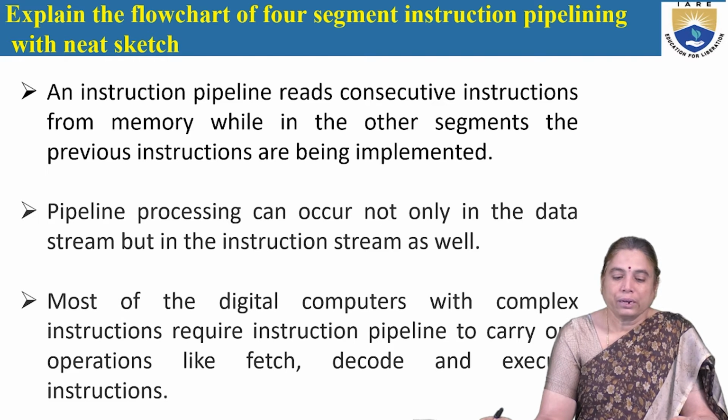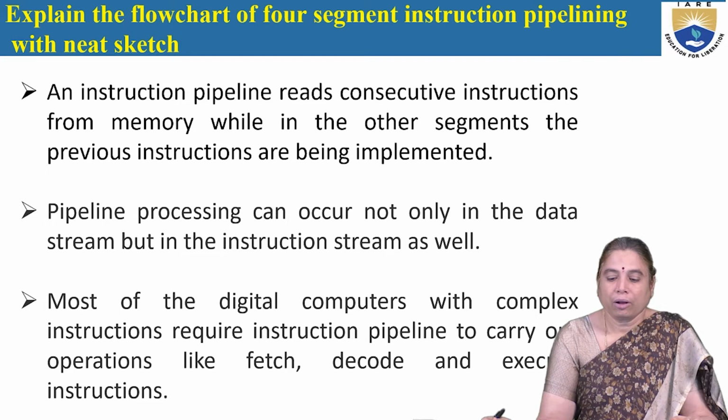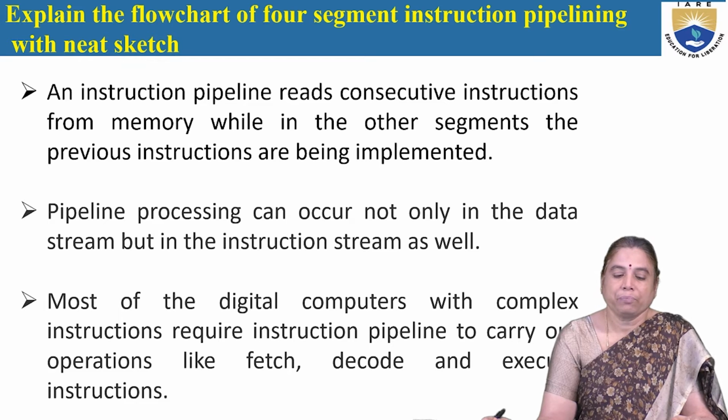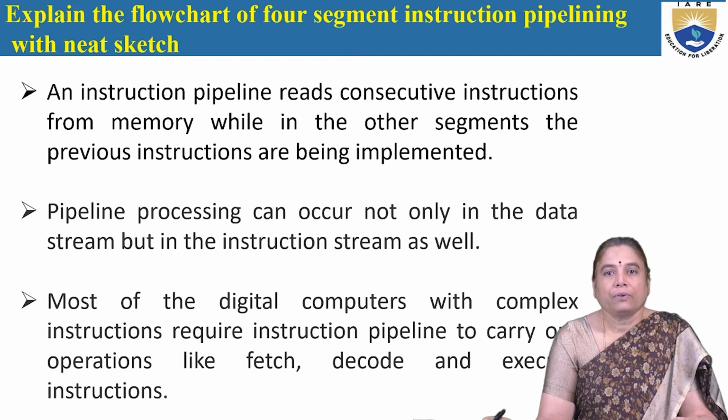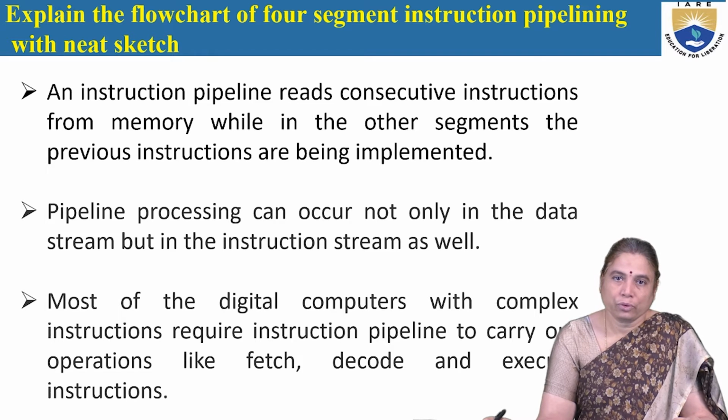So the next question is, explain the flowchart of 4-segment instruction pipelining with a neat sketch. Pipelining is the concept of overlapped execution of operational steps of either the arithmetic expression evaluation or the instruction cycle execution.